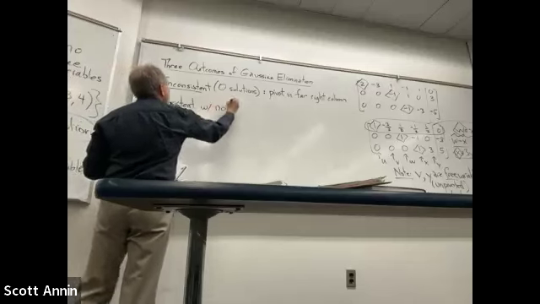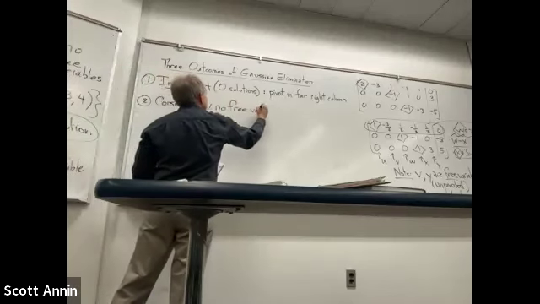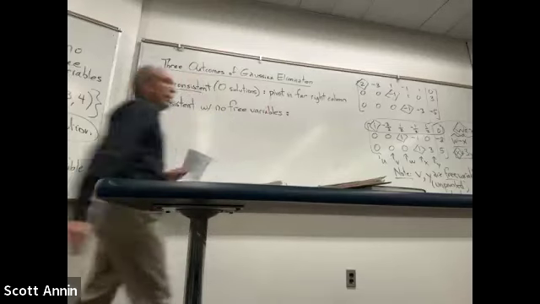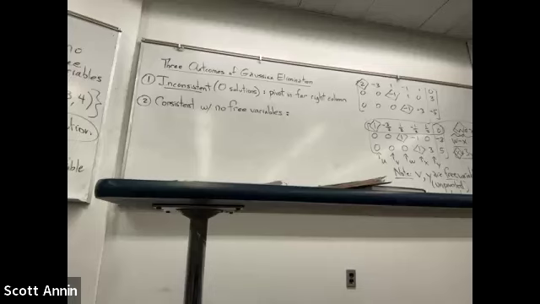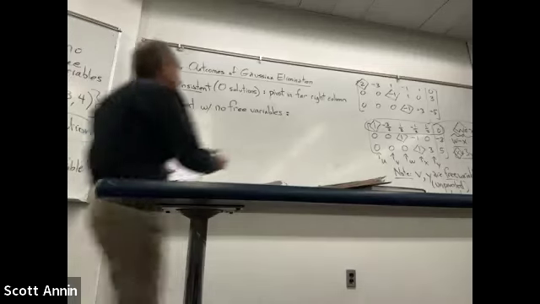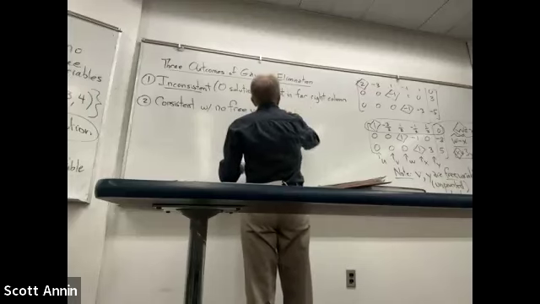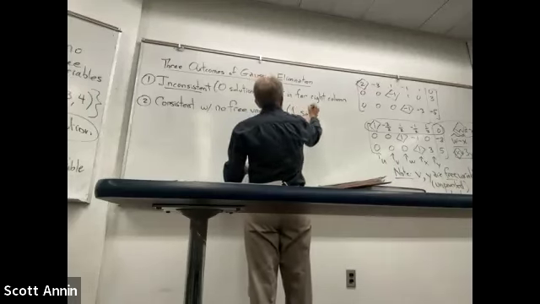The second outcome is going to be consistent with no free variables. It could be consistent, but with no free variables. This would be the case of exactly one solution.